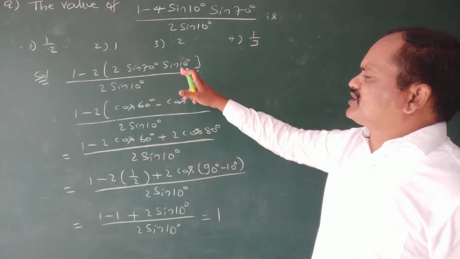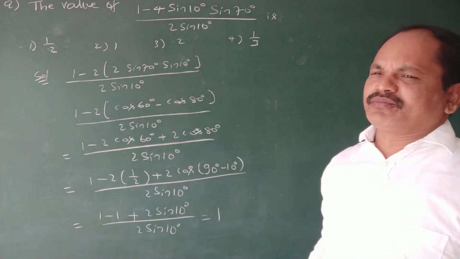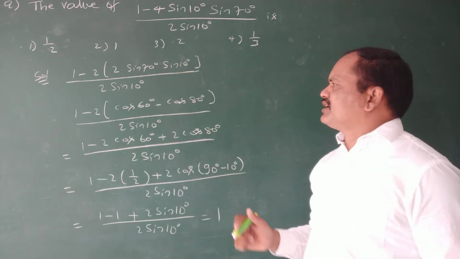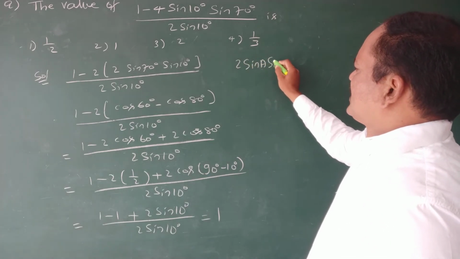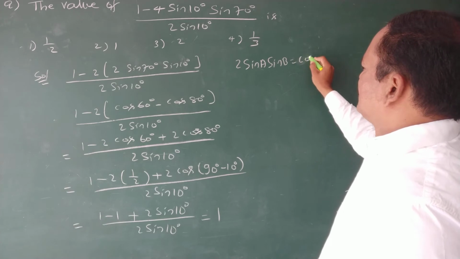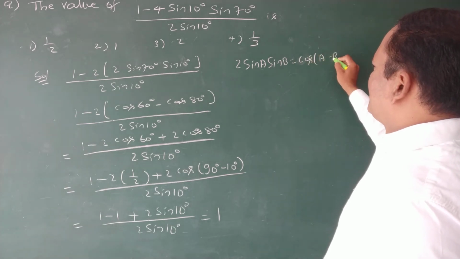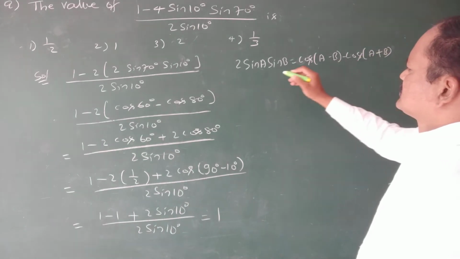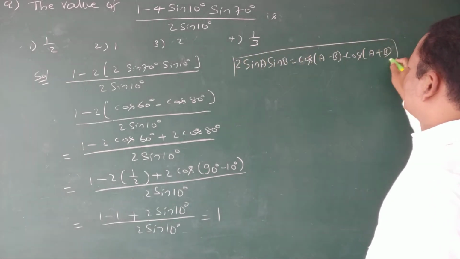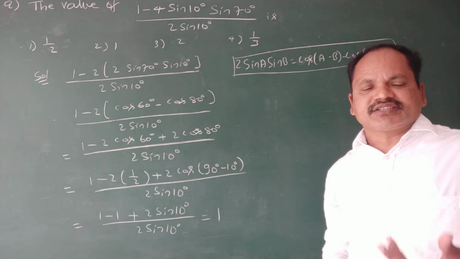Now observe the bracket. This is in the form of 2 sin A sin B. What is the formula for 2 sin A sin B? 2 sin A sin B is equal to cos A minus B minus cos A plus B.